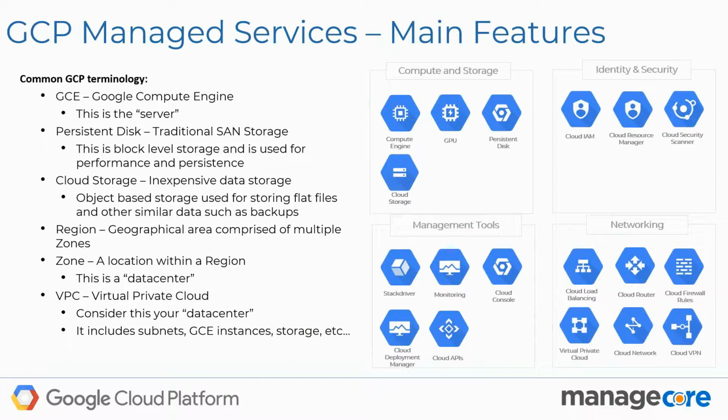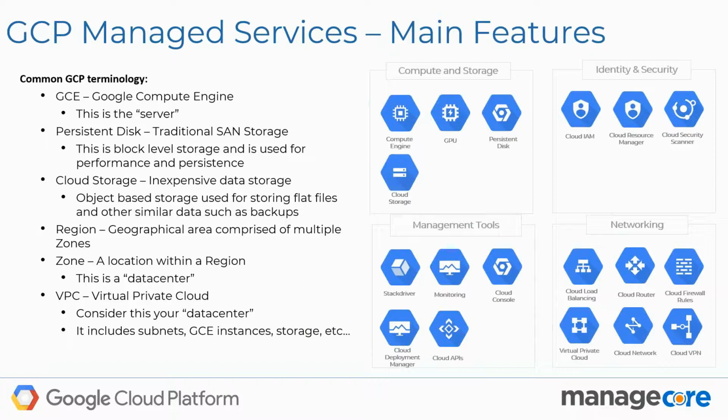Then we have persistent disk. This is what you would consider your traditional SAN storage. So this is block level storage and is used for high performing environments. There are different types of persistent disk within GCP, so you have to choose wisely. They all have different varying speeds and performance metrics, along with different technologies around them.